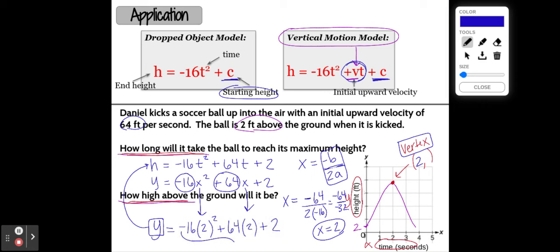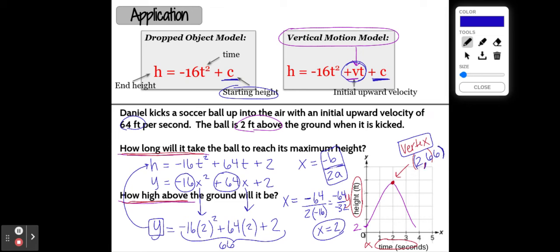So we're going to go ahead and type all of that into the calculator using your parentheses buttons. Let's figure out the value of y. So the calculator is going to tell you 66 when you type all of that in. So I'm going to go over here to the vertex and put 66. Put the parentheses there and there.